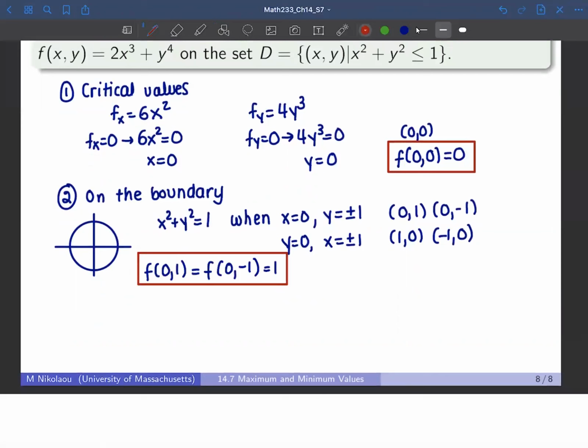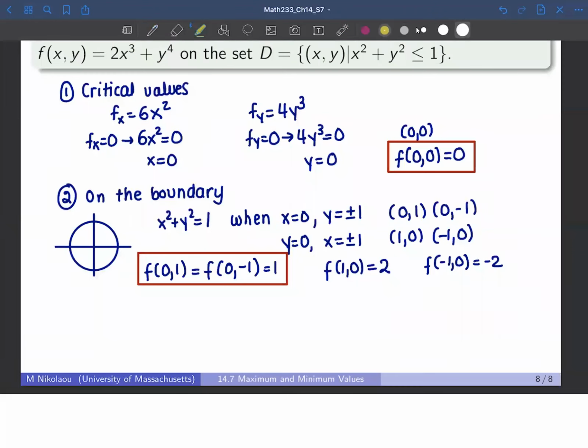For the point (1, 0), we said x equals 1 and y equals 0 here, so the value of the function is 2. And for the point (-1, 0), the value of the function f will give us -2.